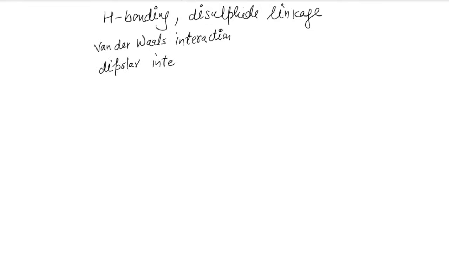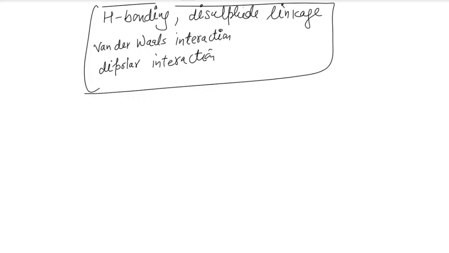Okay, so these are the forces which are responsible for the stability of the tertiary structure of the protein. Then the last structure. Dipolar interaction means electrostatic attractions.